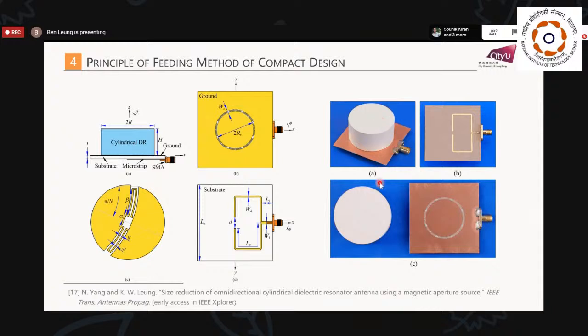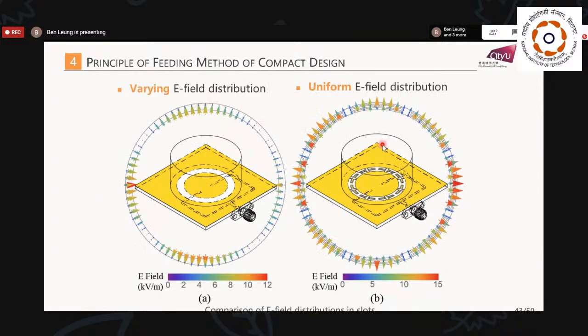In fact, as we can see here, the DRA is very simple. You don't need to do any hole drilling or try to use any method to modify the DRA. So this is the advantage of our design.